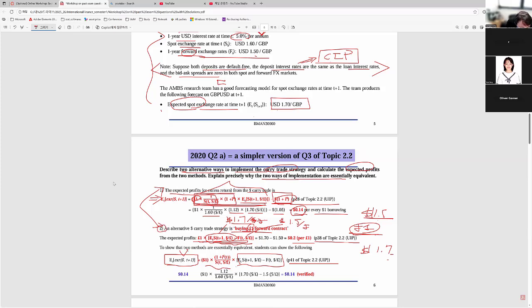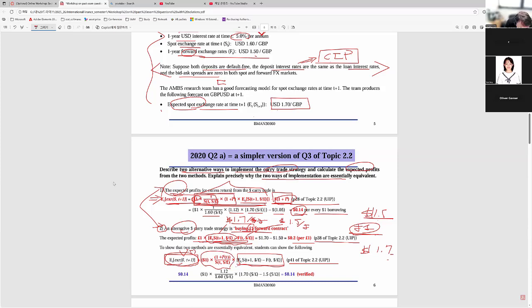So this is the expected excess return by implementing carry trade with the first strategy. And this one is the expected profit from implementing dollar carry trade using this strategy, buying high interest rate currency forward. So these two, and we have some number here.